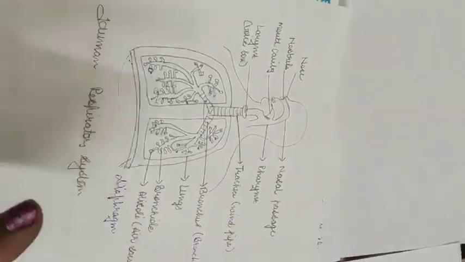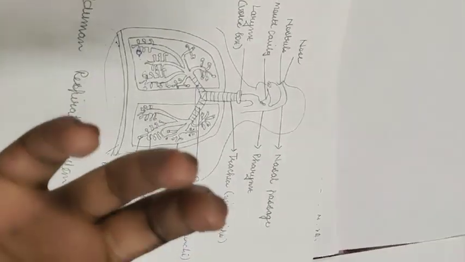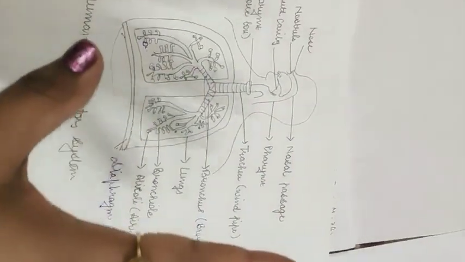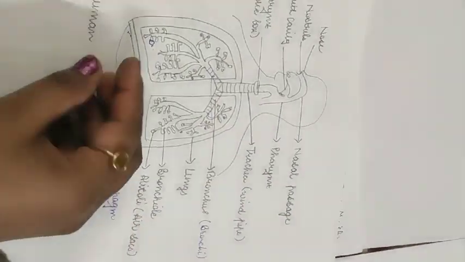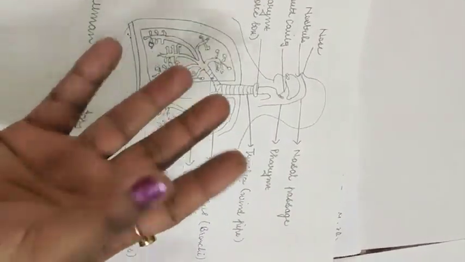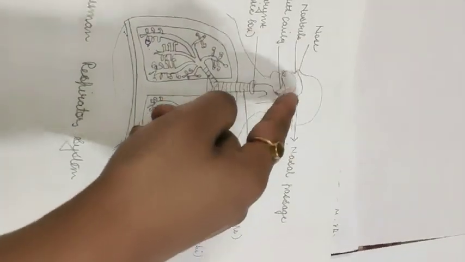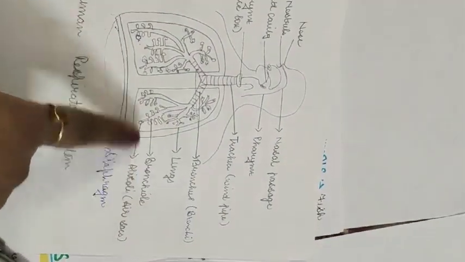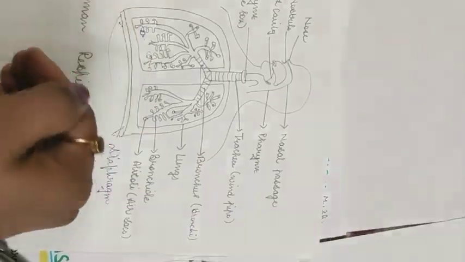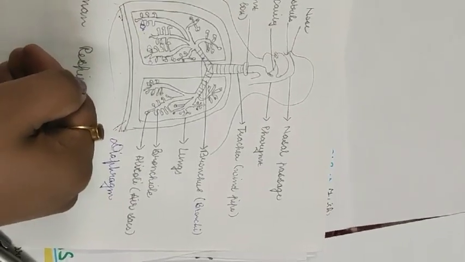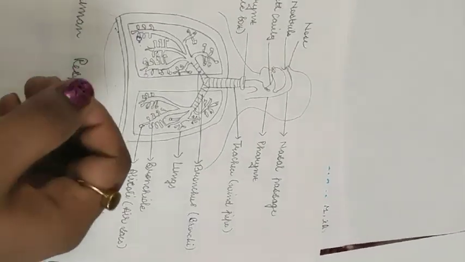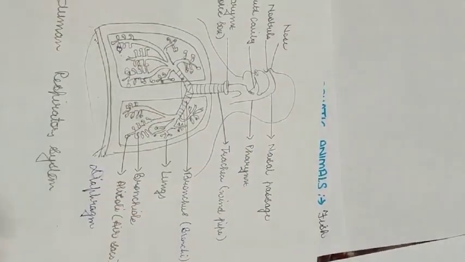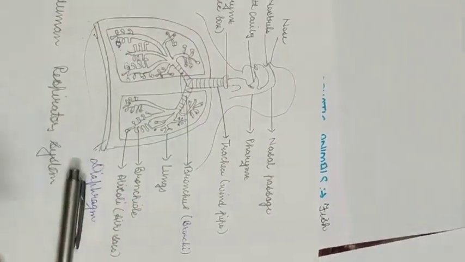It is like blowing a balloon: if we crush it, the air comes out, and when we pump air in, it blows up. So when the rib cage expands and the lungs expand, the air moves in and fills the sacs called alveoli, and the diaphragm moves downward and contracts. When we breathe out, it relaxes. So this is the simple phenomenon of respiration.